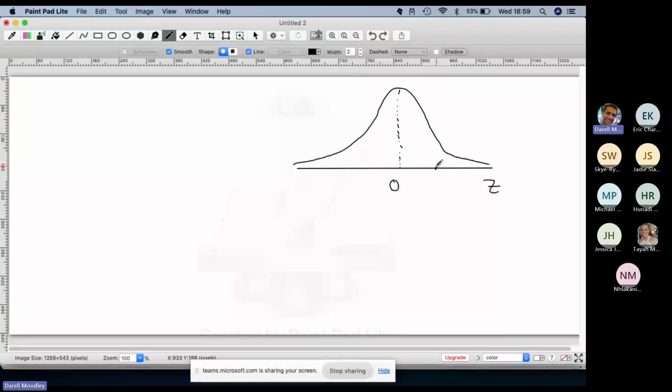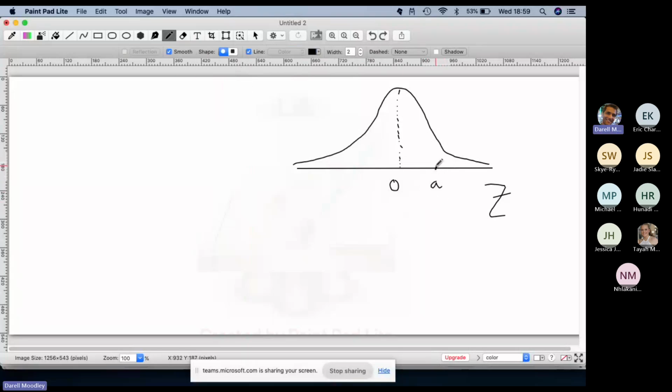To keep with your textbook, they use small z, but let me use a big Z just so you don't get confused. This is your Z axis, and for any value, let's avoid confusion and call it A.